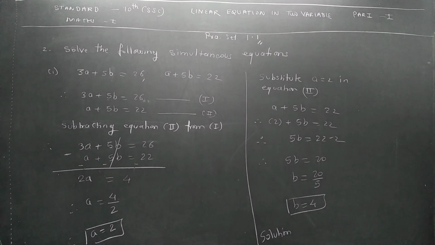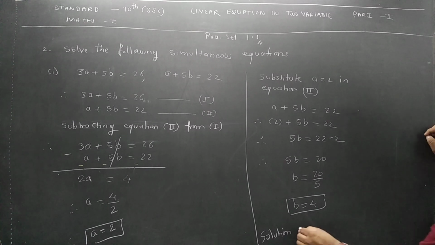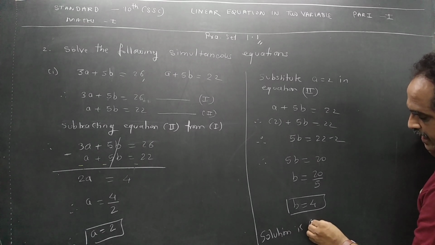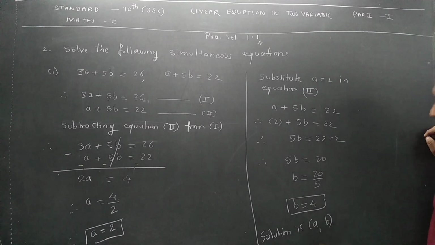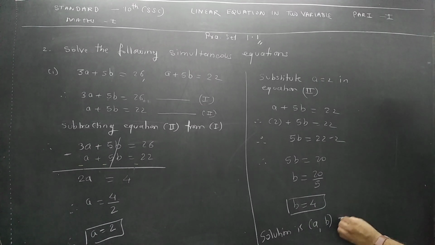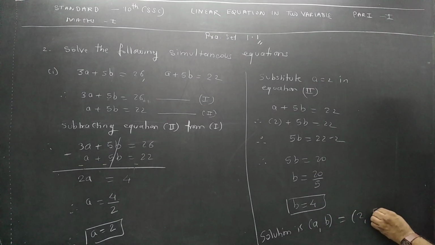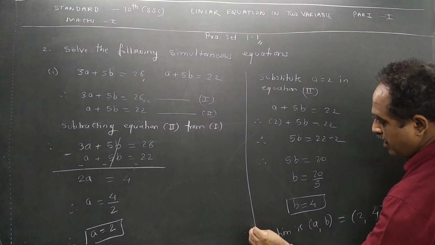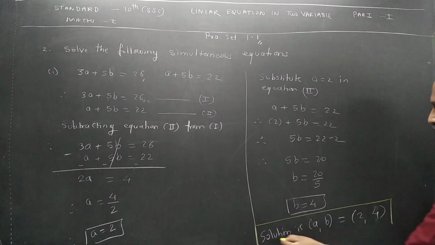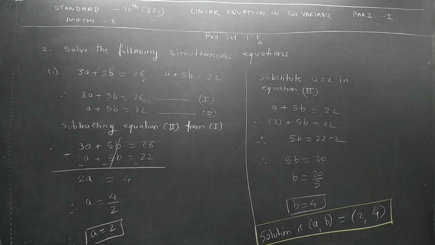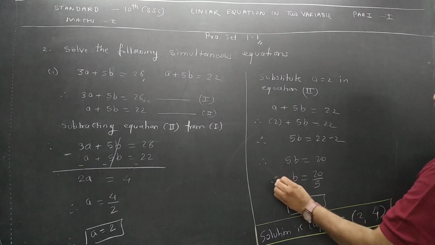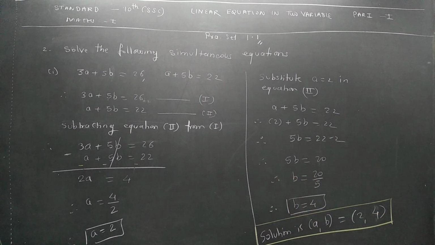The solution of this equation is a comma b is equal to 2 comma 4. 2 comma 4 is the answer for this equation. Please copy this down. If you want, put it in a box and copy it down. I think you have understood it properly. Put the therefore sign properly and copy down.